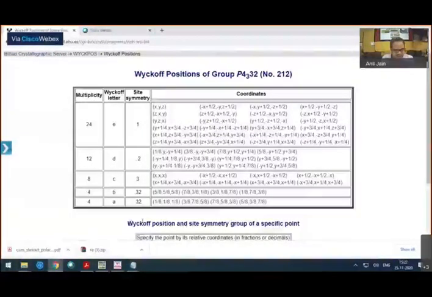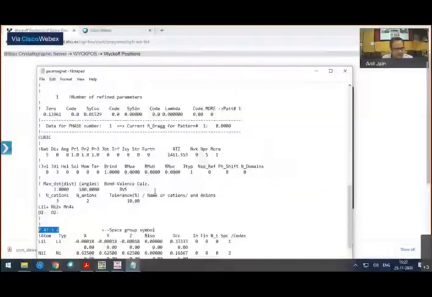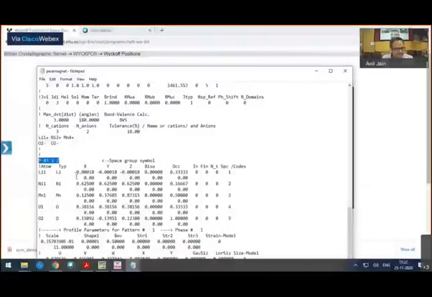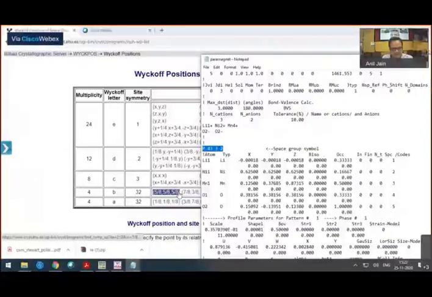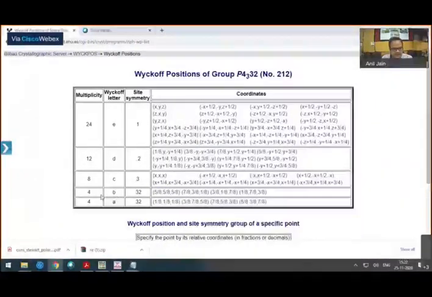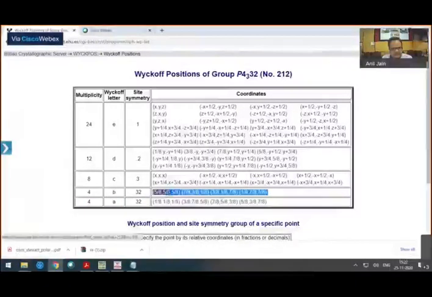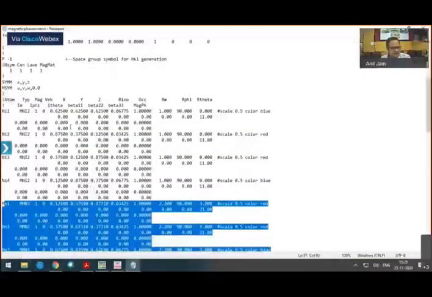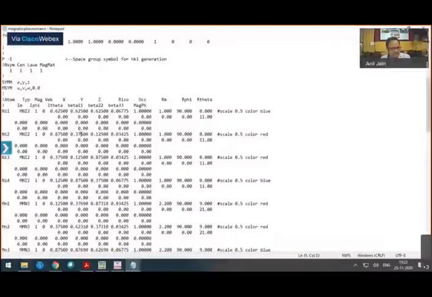Now, by seeing this coordinate, you know that this nickel goes to 1/8, 5/8, 5/8 position. So at this position, there are 4 other positions of this nickel which have been given on this crystallographic site. So from this, you can find out the position of this nickel, another nickel, third nickel, fourth nickel.